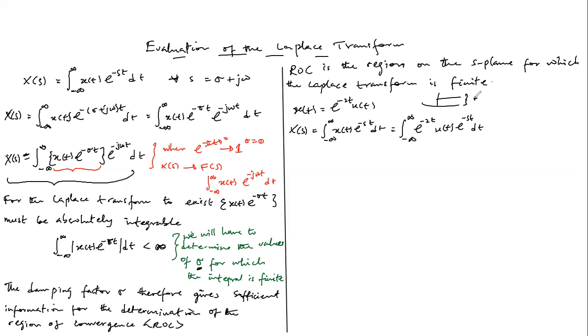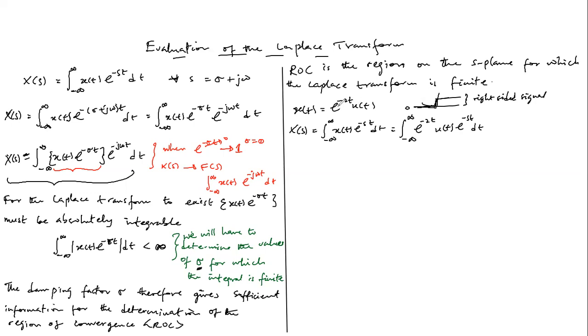This is a right-sided signal. So in other words, any signal to the left is truncated because it's multiplied by 0. So only signals to the right will appear. So in other words, all values of e to the minus 2t to the left of this graph will not appear because they are multiplied by 0.